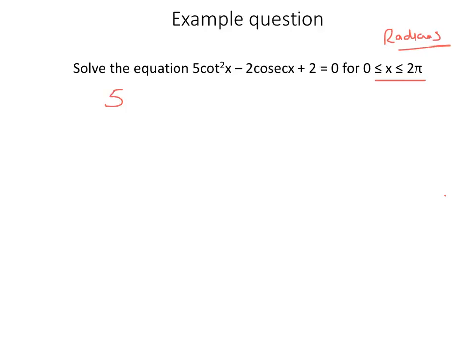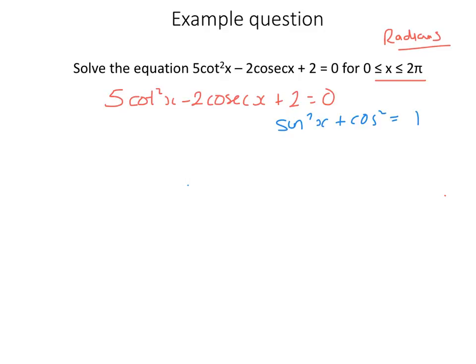So if I write out my question, I've got 5 cot squared x minus 2 cosec x plus 2 equals 0. Now I do know an identity. I know it's easy to forget what the identities are, so it doesn't take a minute or so just to write down your sine squared x plus cos squared x equals 1.